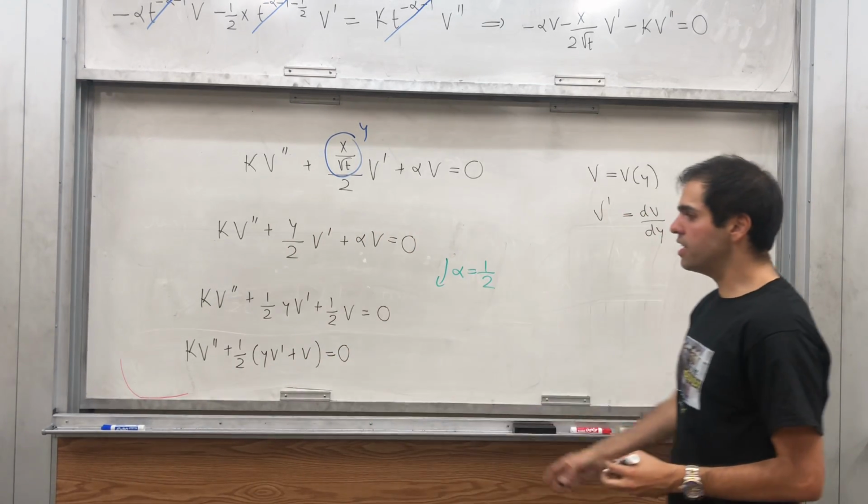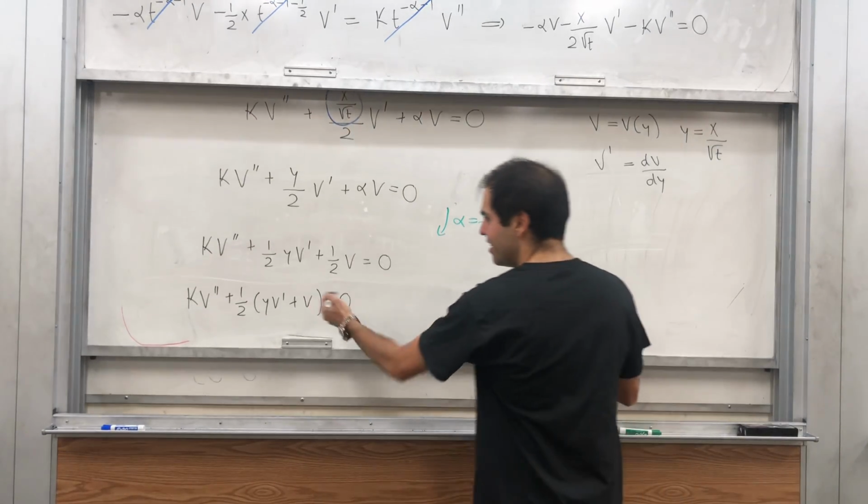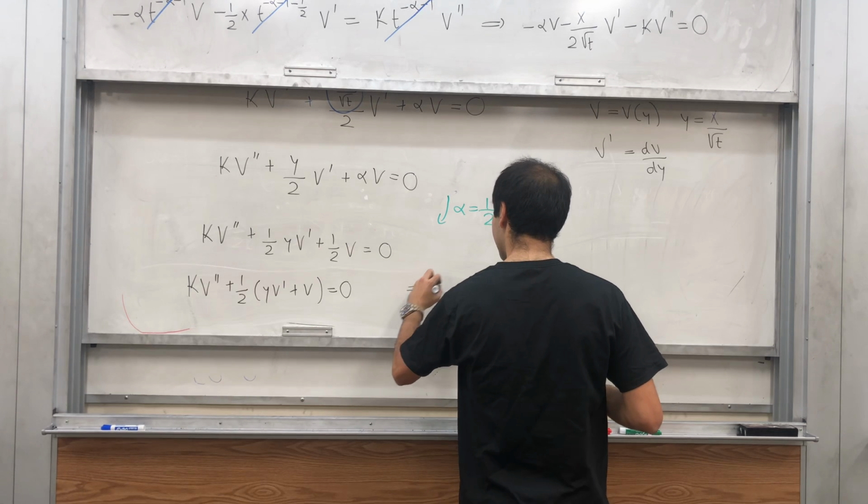And notice this is kind of the beginning of the product rule, right? So v prime y plus v y prime is the derivative of something, and indeed you can write that as a derivative.